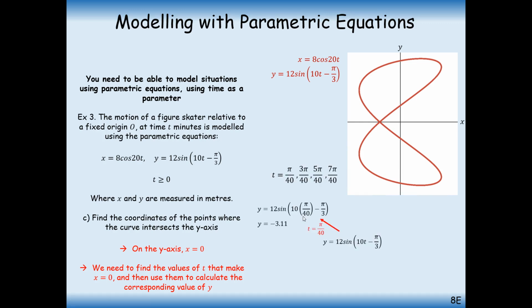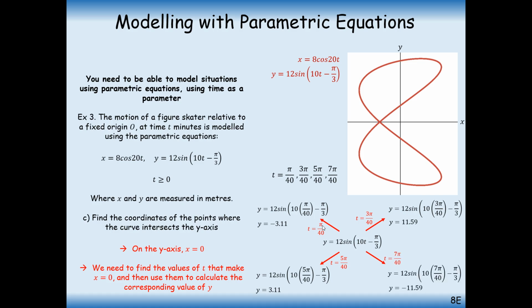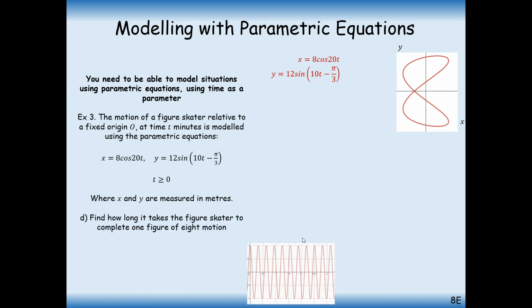We are simply substituting those 4 values into the equation, and we should have 2 negative values and 2 positive values, and they turn out to be pretty symmetric with each other, which confirms the shape of the graph is symmetric as well. Okay, so I hope you found that helpful for seeing the y coordinates there.